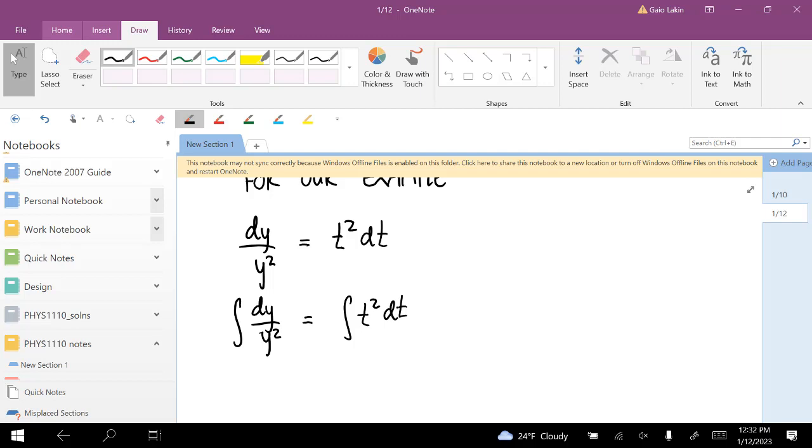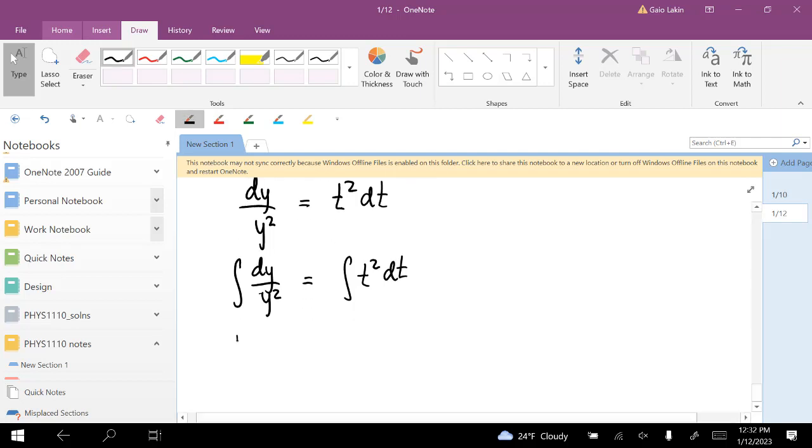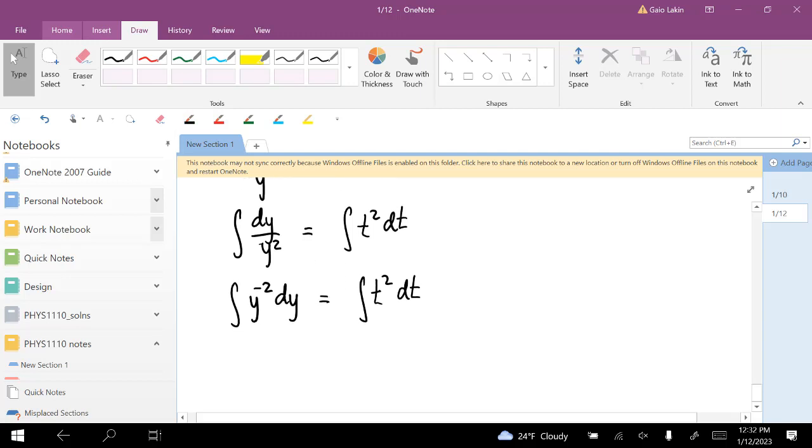Okay, well, what do you get if you do these integrals? I can rewrite this as y to the negative 2 dy. If we integrate, we get negative y to the negative 1.